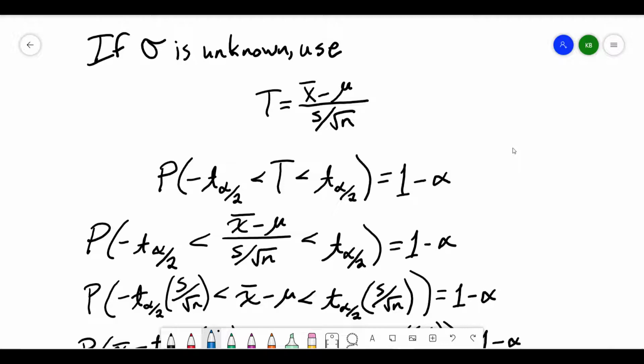So again, just like we did for z, with t, you can plug in what t equals. So the t equals thing that you've already remembered, hopefully. You can plug it in for t, and then we can go about solving for the population mean.